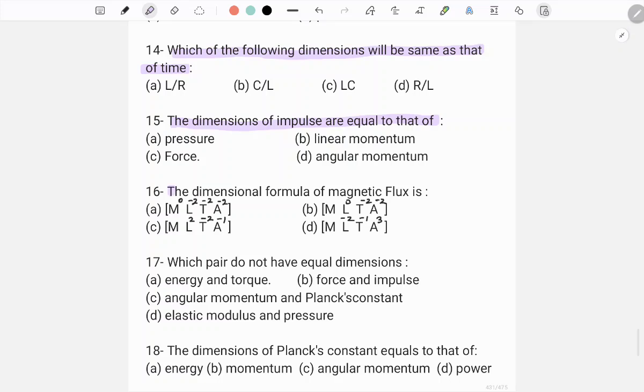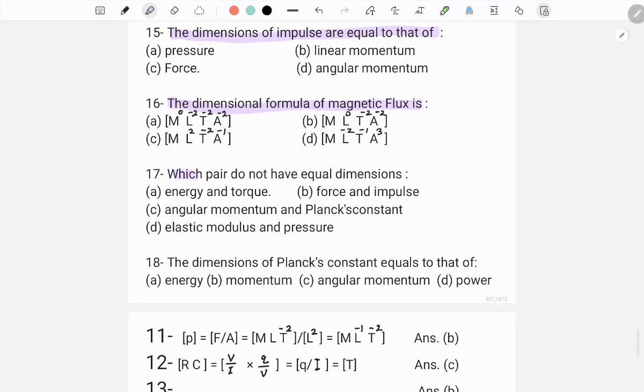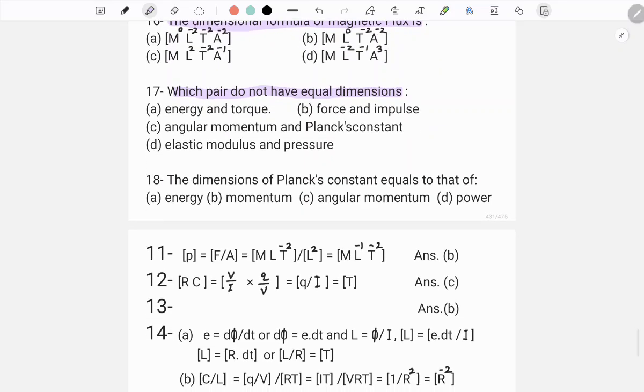Next, the dimensional formula of magnetic flux is, which pair do not have equal dimensions? The dimensions of Planck's constant equals to that of.